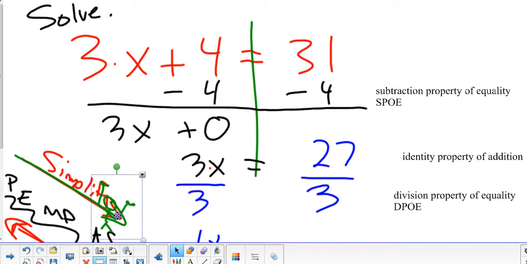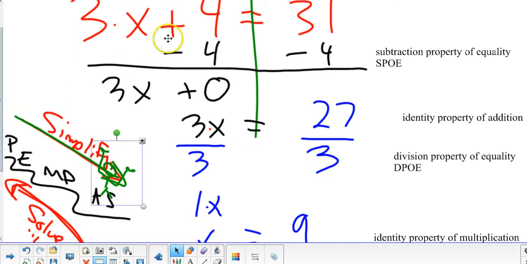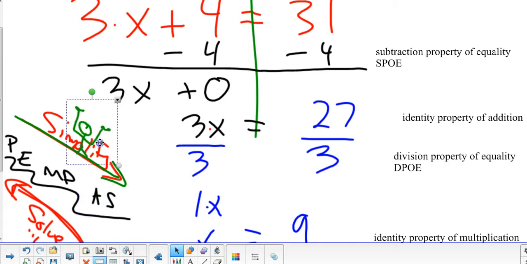There's no addition and subtraction to do. So there's nothing to do. When I say do, I'm talking about simplifying the left side or the right side. And so really, this guy is not going down the stairs, he's going back up the stairs. He's now ready to undo in inverse order. So undo the addition of 4 by subtracting 4, then undo the times 3 by dividing by 3, and then we get our answer.